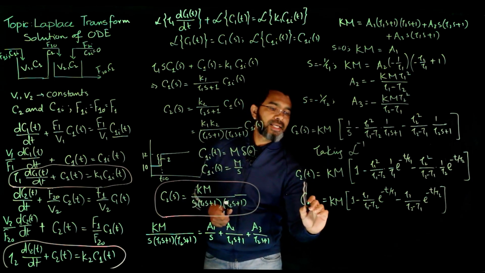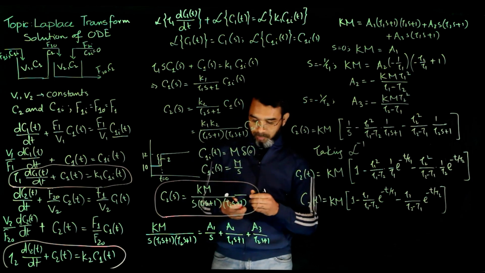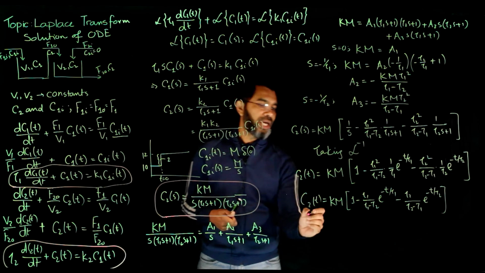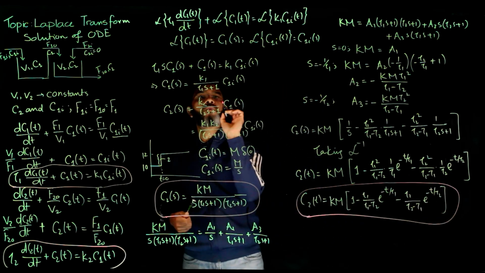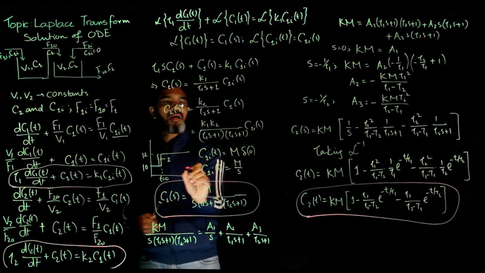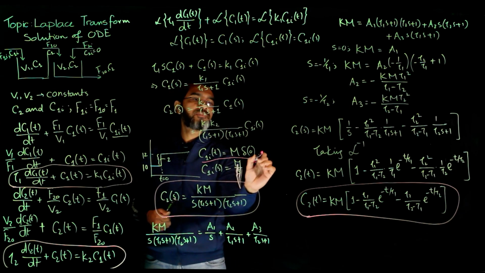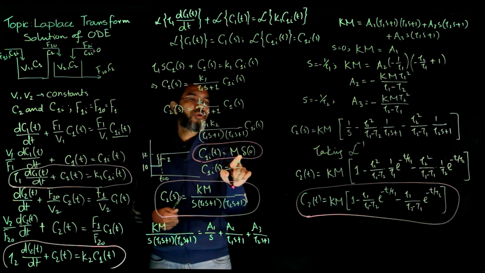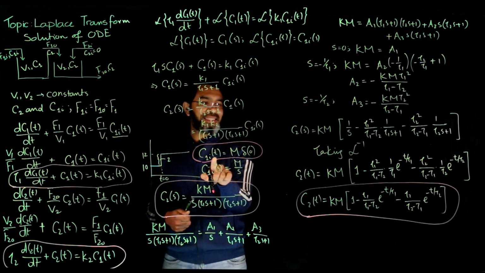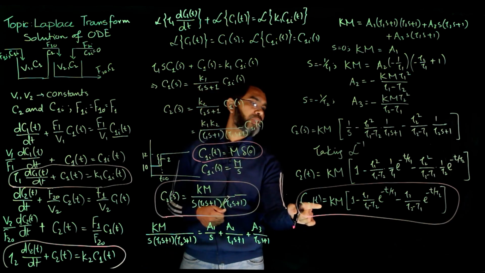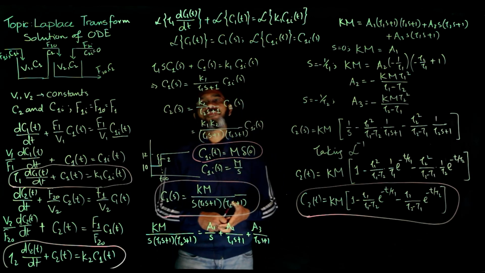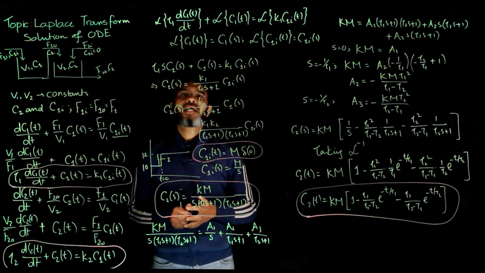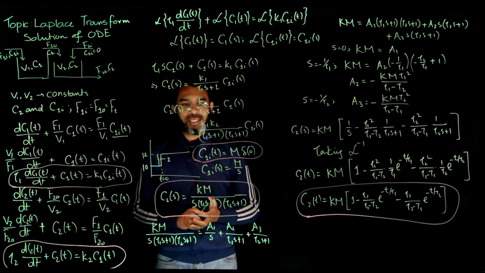So this is our final expression for C2 when there is a change in C1i(t) of this equation. So for a given C1i(t), this is the expression for C2(t). So that's the solution of this equation, and we used the Laplace transform approach to get the solution.